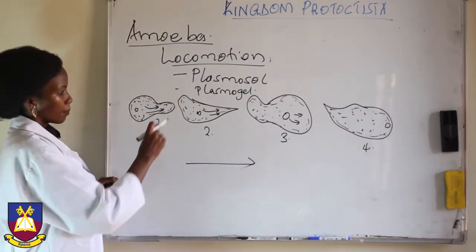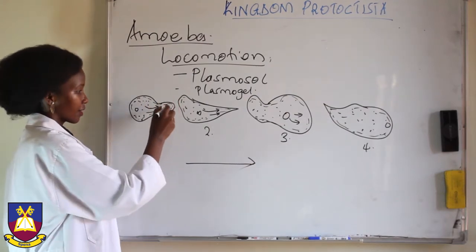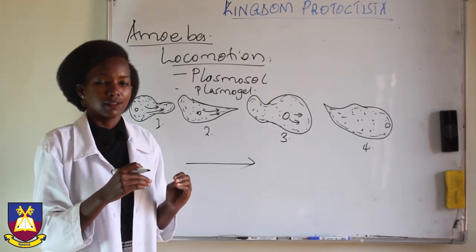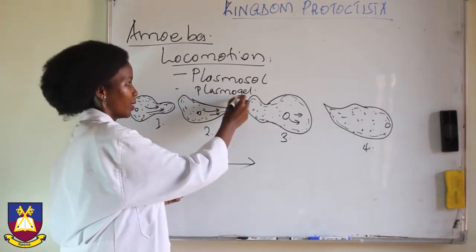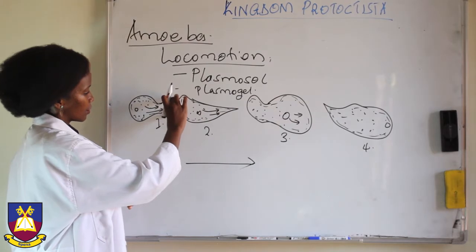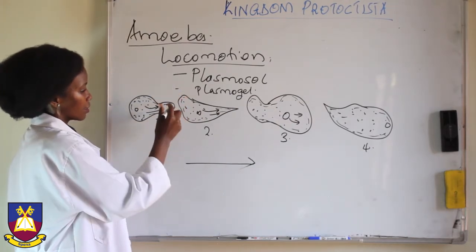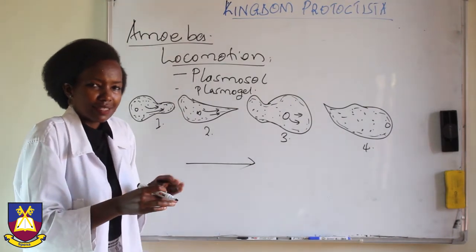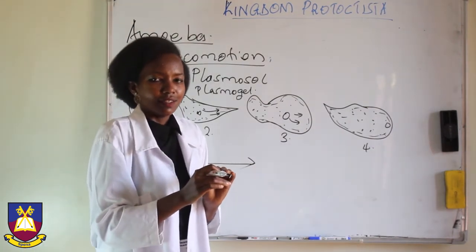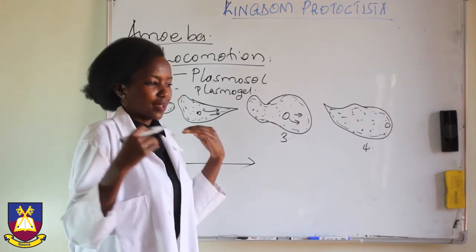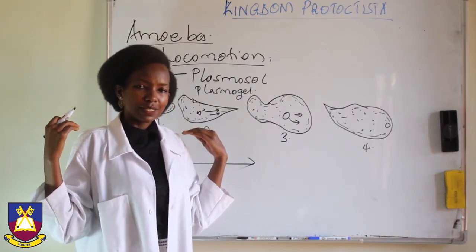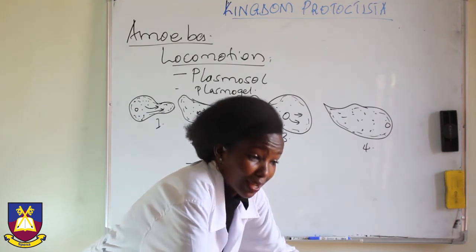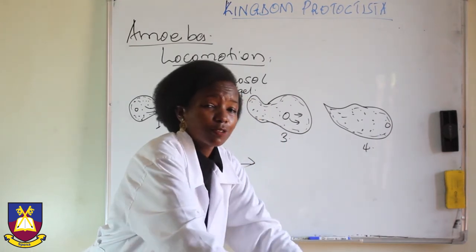Now, the part of cytoplasm that's here kind of becomes harder than the usual cytoplasm, which we call plasmogel. So when it reaches this point here, it hardens, or call it solidifies, so that it anchors the amoeba. So this part of the cell body now powers this other side where the false foot, the pseudopod, anchored, powers.